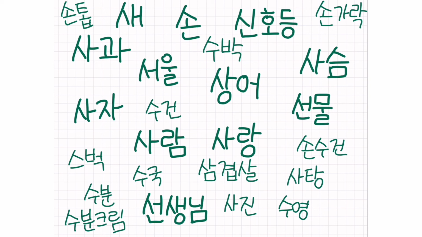The first word I'm going to read out loud is 손, hand, right? Hand, 손. Find where it is. I'm going to cross it out. Here it is, 손. Next word is 수영. It's to swim or the act of swimming, right? 수영. Over here, 수영. Next word, 상어, shark.